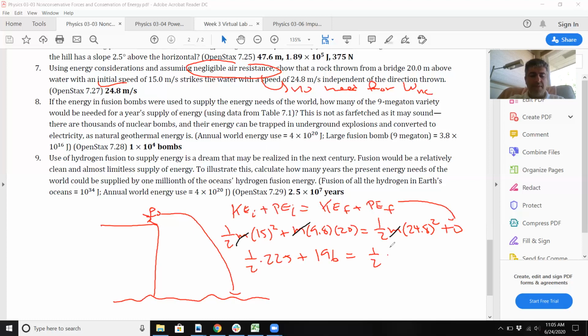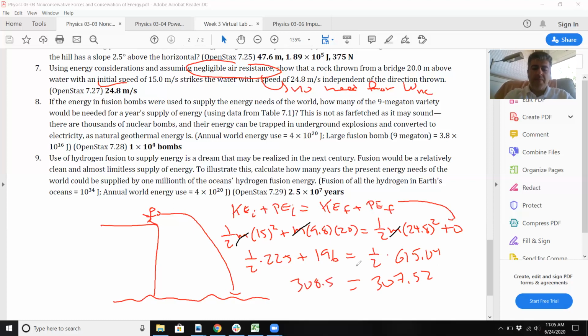I'm always not that great with this cell phone stuff. 615.04. If I divide that by 2, I get 307.52. And let me take care of the 1/2 of 225. Add to 196. It's close enough. It's not spot on, but it's close enough.